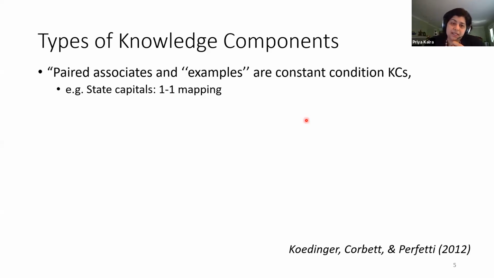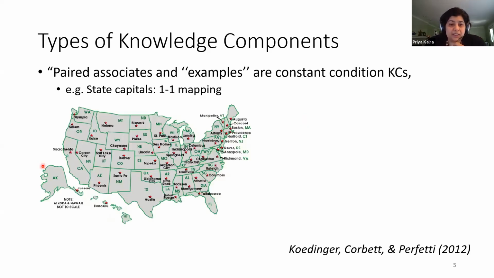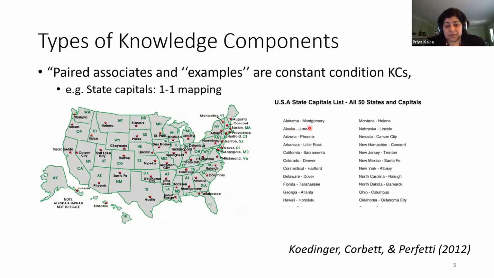So one curricular example could be considered knowing state capitals. So here are US state capitals. Given a state, you just have to recall the capital. There's no underlying logic. It's simply basically a paired associate situation. You can even think of it as a lookup table in terms of how it might be represented.